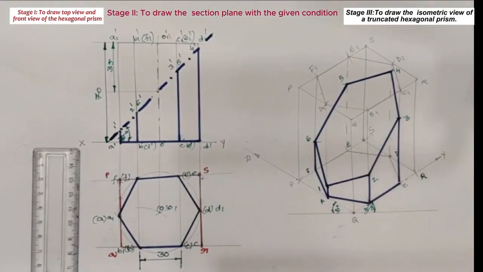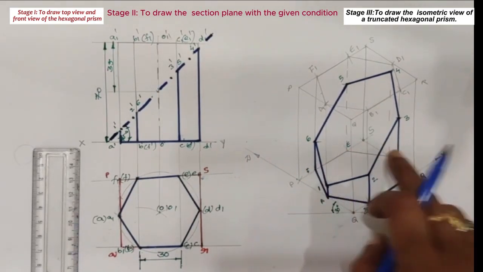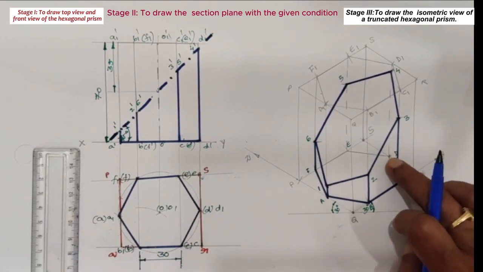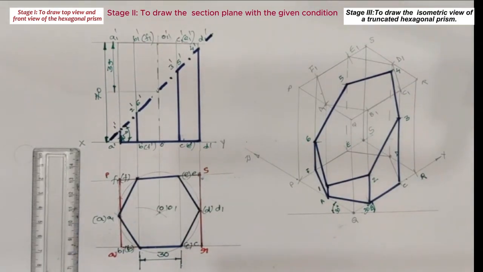Then the base edges as well as face edges of the truncated hexagonal prism which are coming inside are drawn as hidden lines. Here E to F, E to D, D to C, D to 4, E to 5 are drawn as hidden lines.